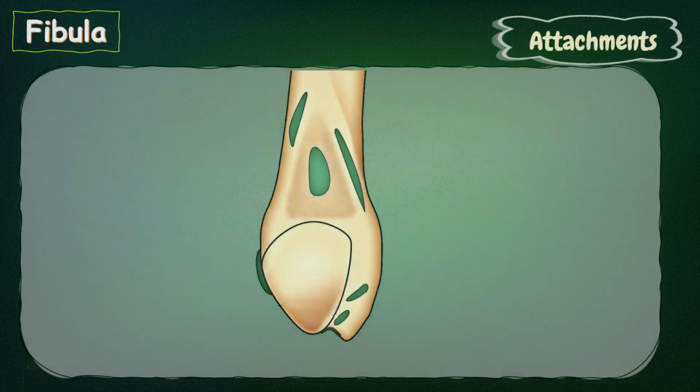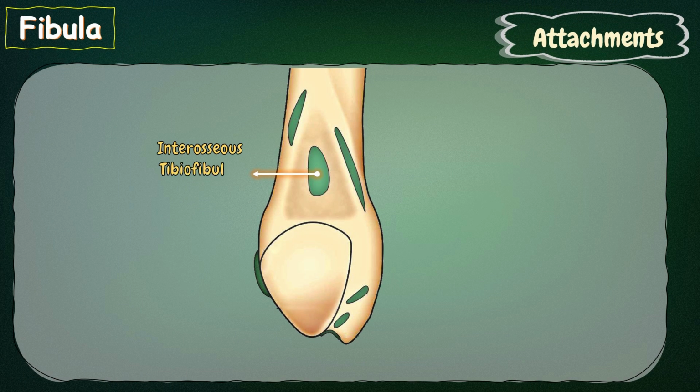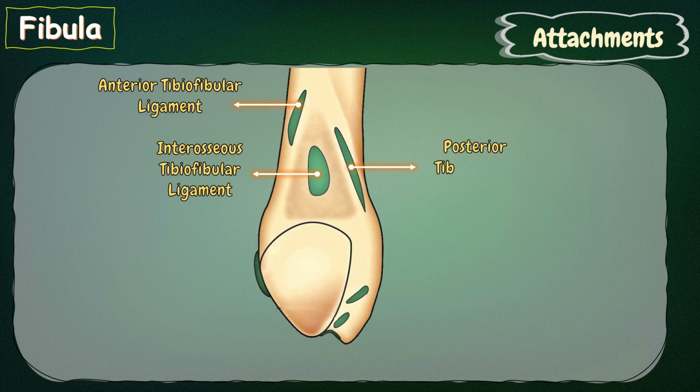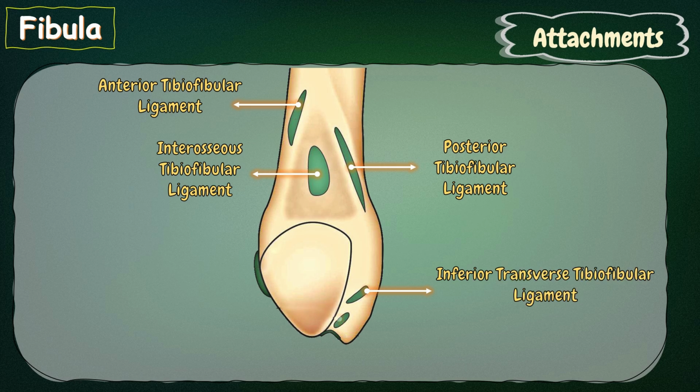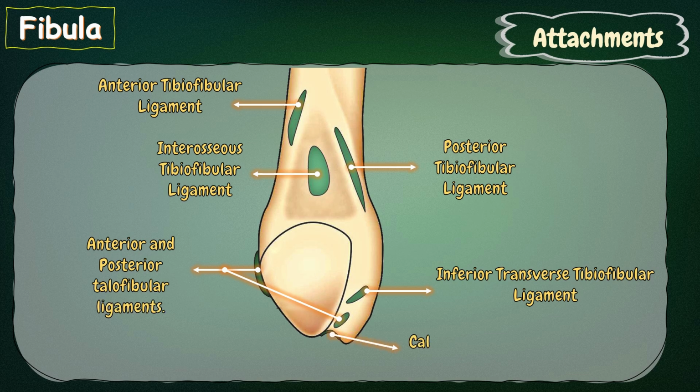The interosseous tibiofibular ligament, the anterior tibiofibular ligament, the posterior tibiofibular ligament, the inferior transverse tibiofibular ligament, anterior and posterior talofibular ligaments, and calcaneofibular ligament. They are named as such because of the parts they arise from. We will talk about these structures in detail in an upcoming video on the regional anatomy.